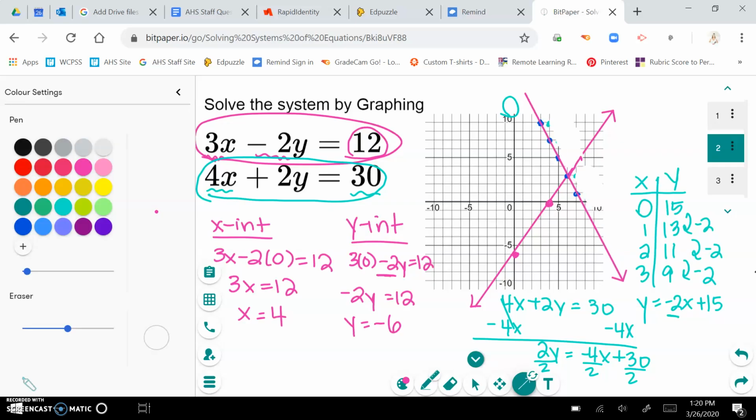Once I've graphed them, I can see the intersection point is right there. It's going to be right here. So I'm going to go over 6, up 3. So my answer is (6, 3).